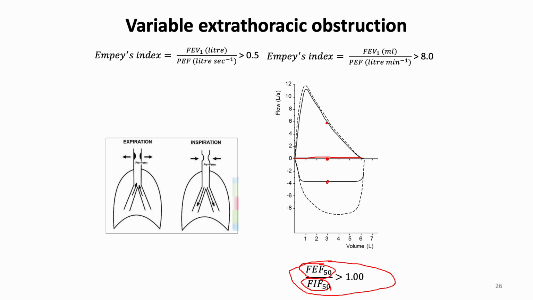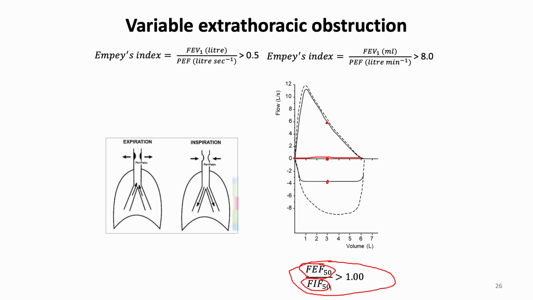So that will minimize the effect of the obstruction. In contrast, the obstruction will have a more prominent effect on flow during inspiration, because during a forced inspiration, pressure within the airway becomes very negative. So in that sense, it will amplify the effect of the obstruction and thus limit inspiratory flow.